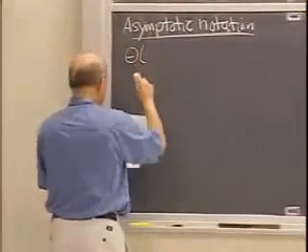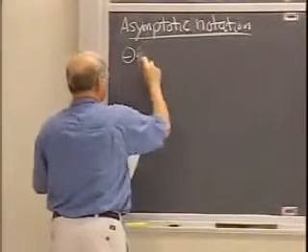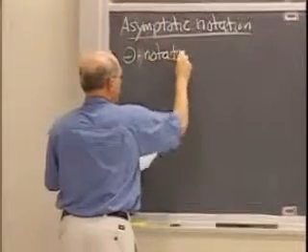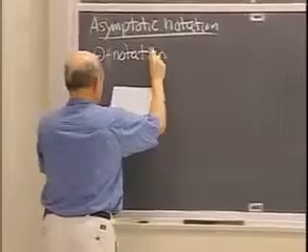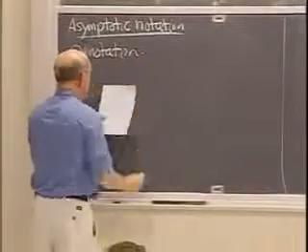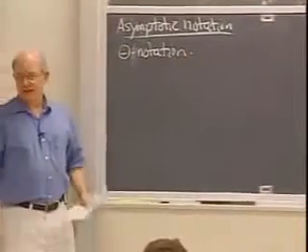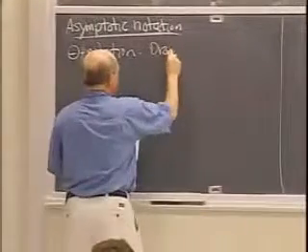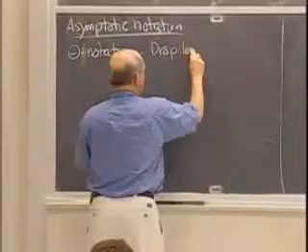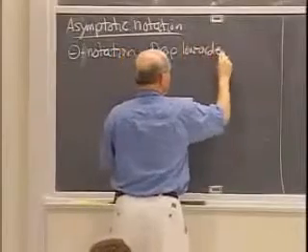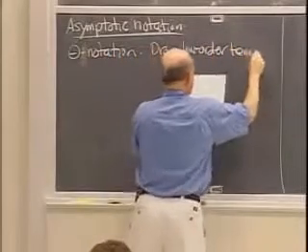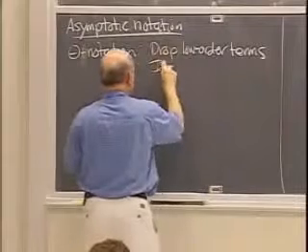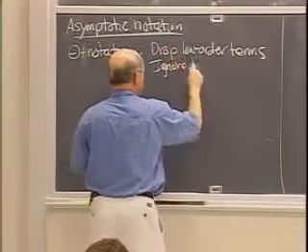The one we're going to be using in this class predominantly is theta notation. Theta notation is a pretty easy notation to master, because from a formula, you just drop low-order terms and ignore leading constants.